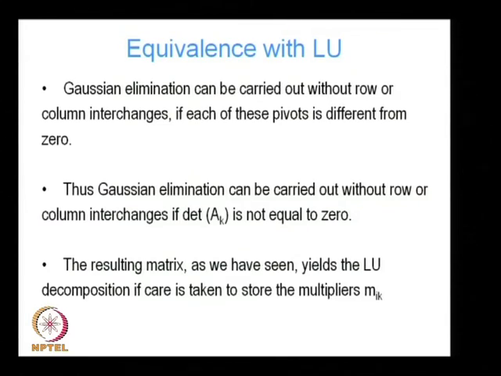Thus, Gaussian elimination can be carried out without row or column interchanges if the determinant of A_k is not equal to 0. The resultant matrix, as we have seen, yields the LU decomposition if care is taken to store the multipliers m_ik below the principal diagonal.